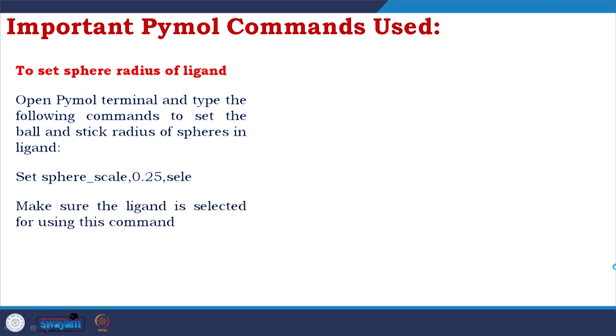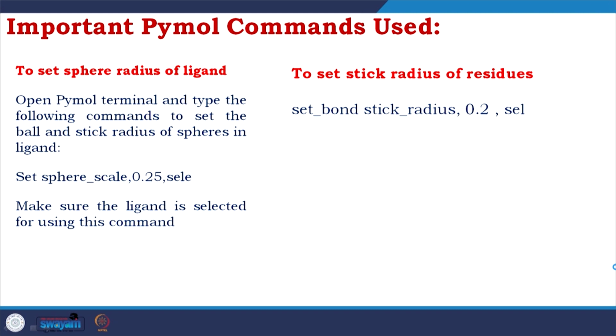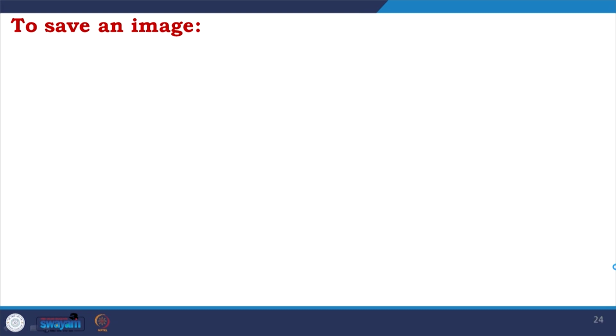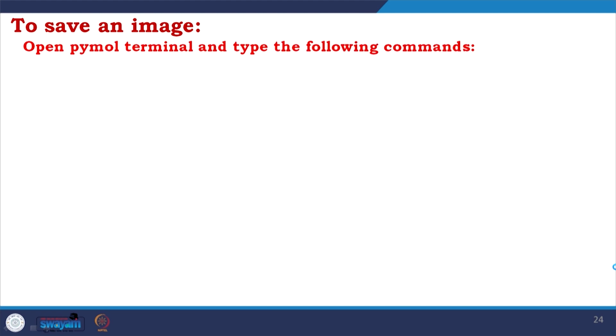Make sure the ligand is selected for using this command. To set stick radius of residues, set underscore bond stick underscore radius 0.2, enter. Make sure the residue is selected for using this command. Lastly, to save an image, open PyMOL terminal and type the following command: display background white.